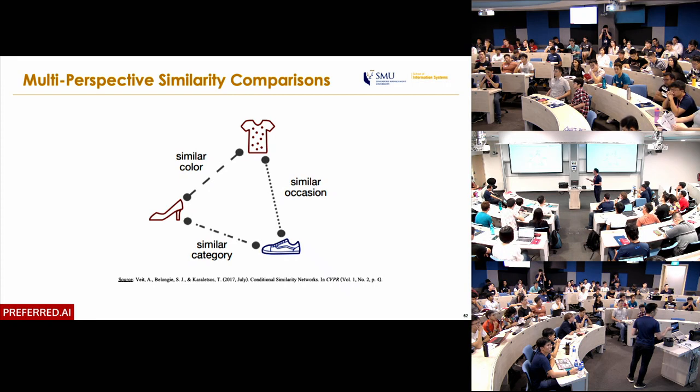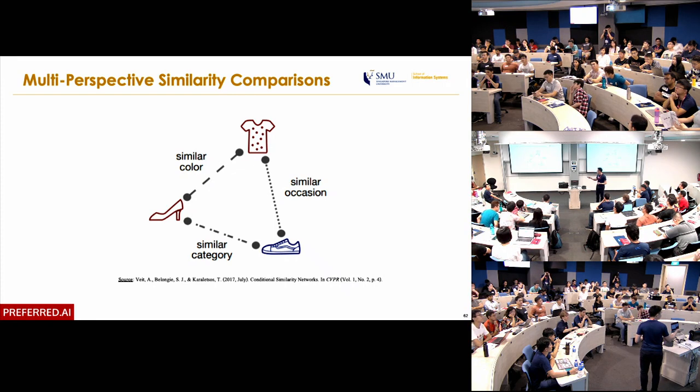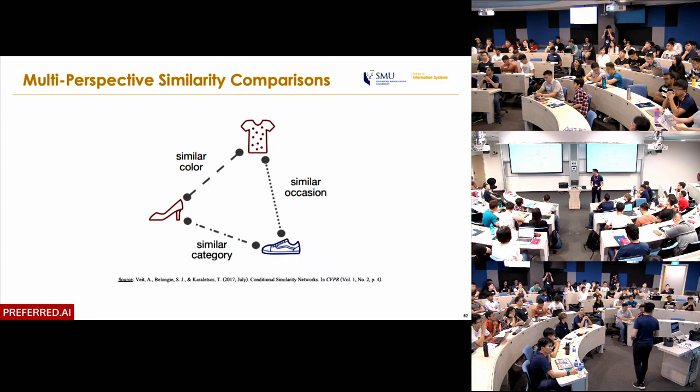If you base it on color, then the T-shirt and the high heel are more similar compared to the green sports shoe, right? But if you base it on the categories of the items, then these two are more similar. And interestingly, if you base it on the occasion in which you wear these items together, then the T-shirt and the sports shoe fit each other better.